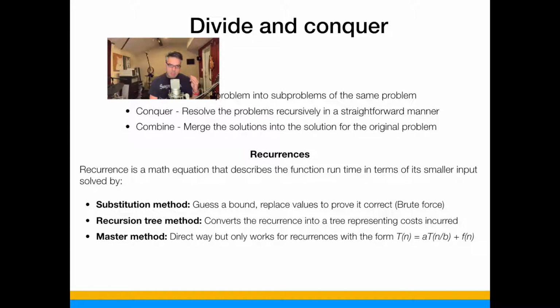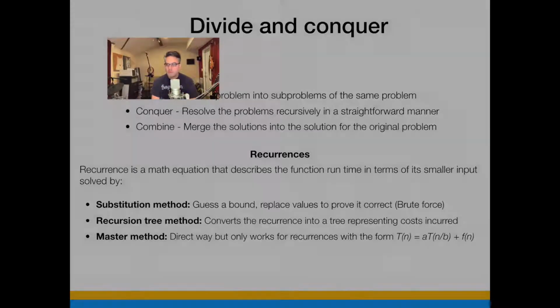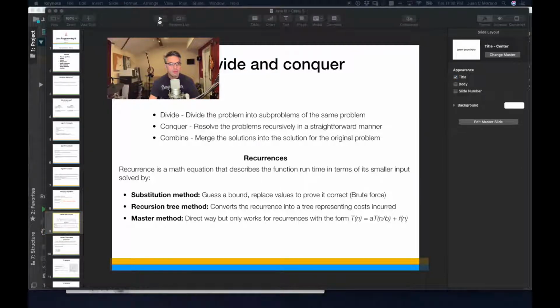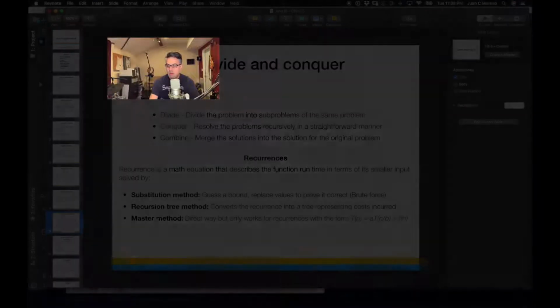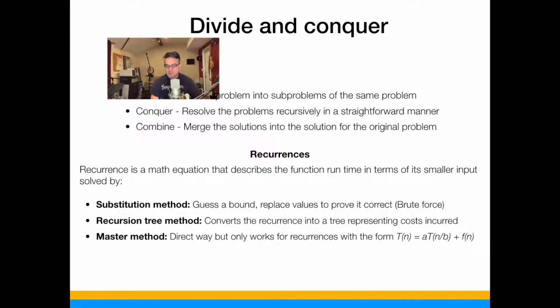And the way that we can actually solve that recurrence is the substitution method, just essentially brute forcing and replacing every one of the equations of the recurrence. We can try the recursion tree method, which is essentially what we just did here, where we were building our recursion tree, and a master method that only works for a certain particular set of recurrences.